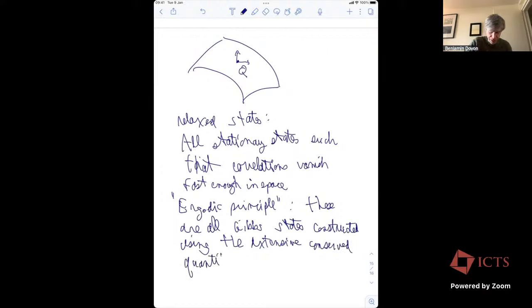So there is a connection between extensive conserved quantities and decay of correlation.